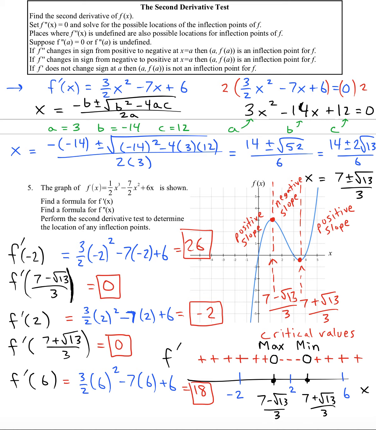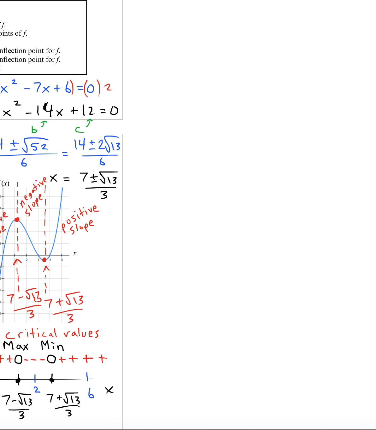Okay, let's try it on another page here. Our original function was 1/2 x cubed minus 7/2 x squared plus 6x.